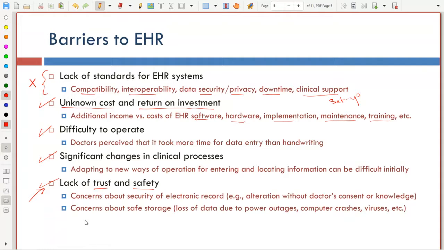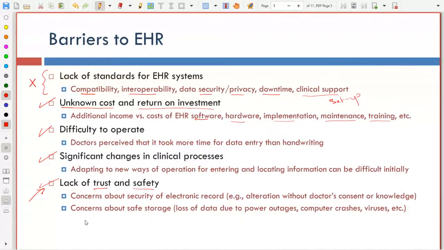So next time, inshallah, we're going to talk about some of the standards that are very much relevant to this EHR, and see that they are trying to address the barriers to EHR and make things much more reliable, much more accessible, much easier to operate, much safer, and address the concerns of interoperability and things of that sort.